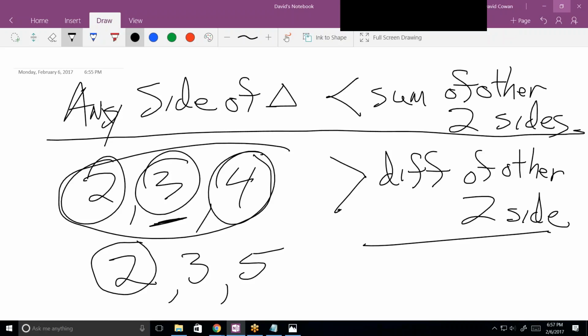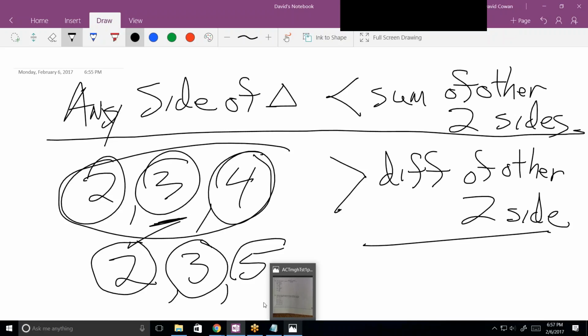These don't say less than or equal. They say less than. So I flunk on the very first side. This one also fails because it's not greater than the difference. And this one fails because it's not less than the sum of the other two.